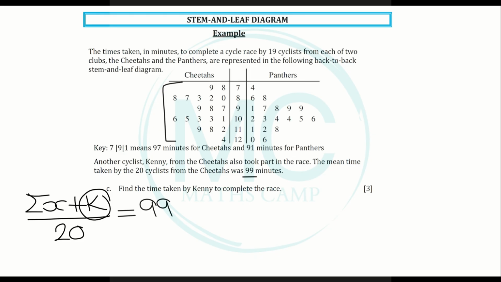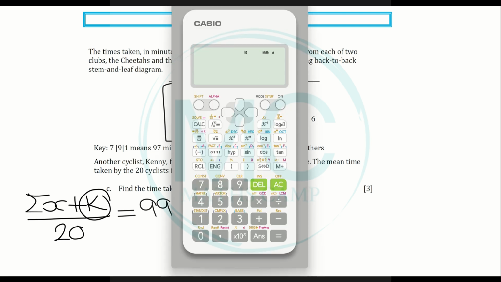We need to add all of the values in the stem and leaf diagram together. So I'm going to take my calculator. I've got my lowest value, 78, plus 79, plus 80, plus 82, plus 83, plus 87, plus 88, plus 97, plus 98, plus 99, plus 101, plus 103, plus 103 again.